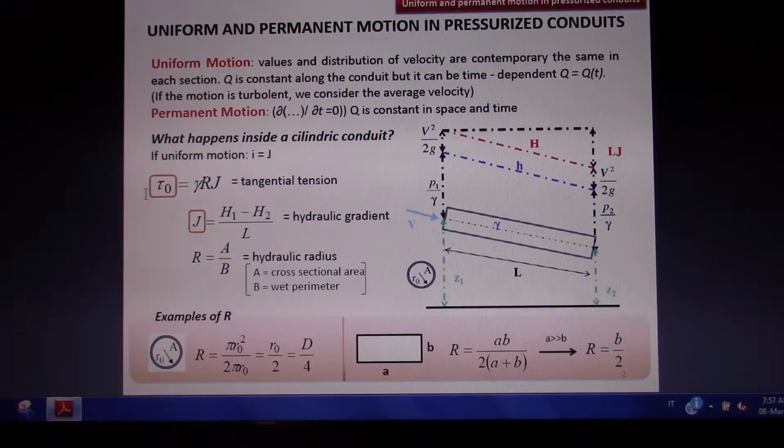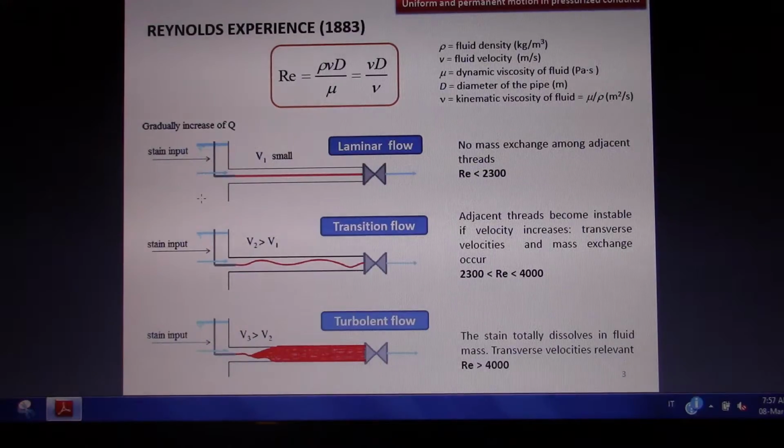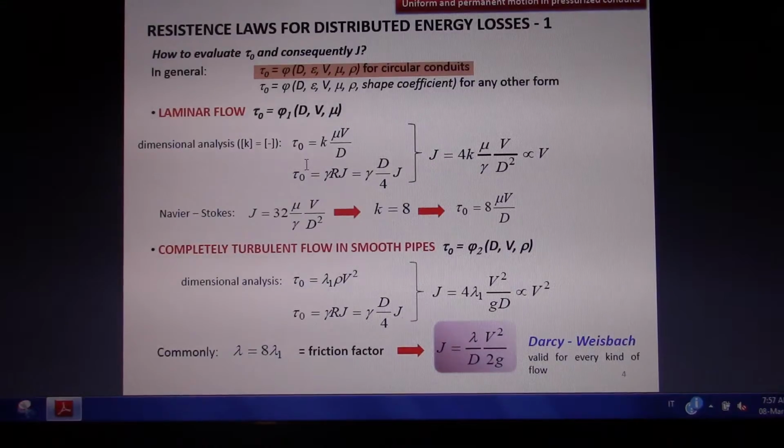But to define tau zero, the real aim of all our study is to define the hydraulic gradient J. Hence, in general, tau zero is a function of the diameter, in the case of circular conduits, of the relative roughness of your pipe, of the velocity of the flow, of the dynamic viscosity mu, and of the density of your flow.